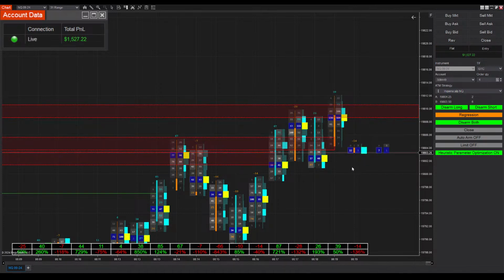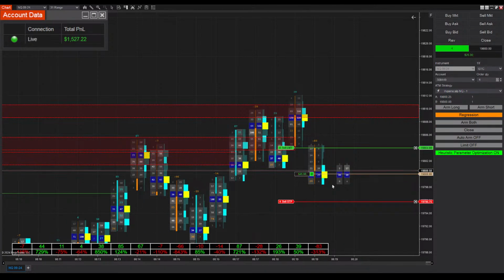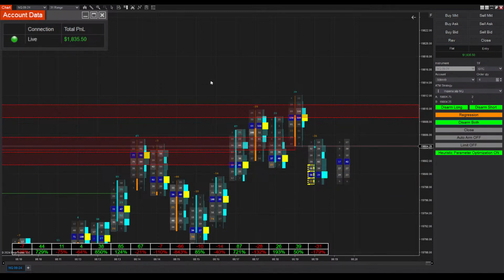We ended up winning that trade, bringing us up to 1,527. Back-to-back fills here. Pretty solid for how our stop chase is set.